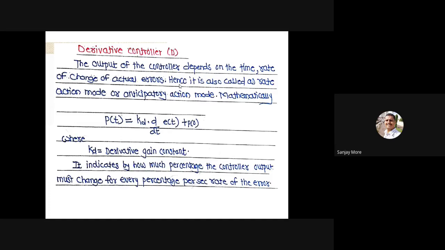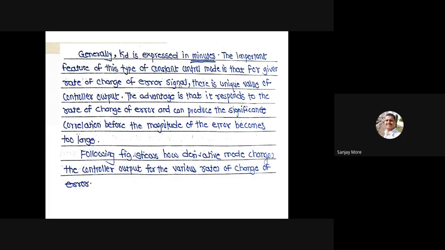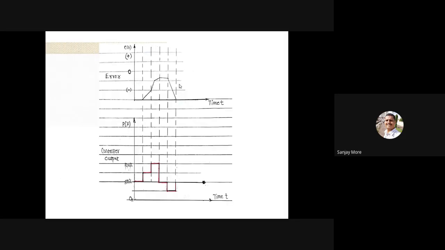This expression indicates how much percentage the control output must change for every percentage per second rate of error. Generally Kd is expressed in minutes. These are the two graphs of error versus time and control output versus time.